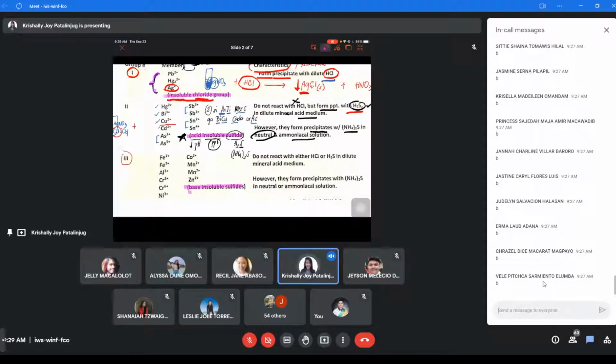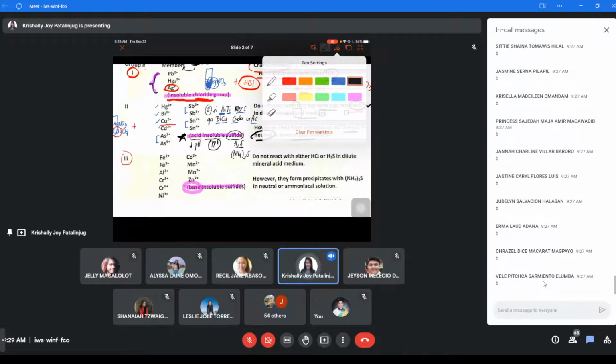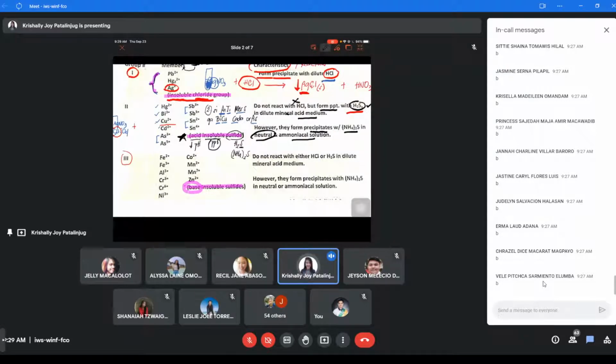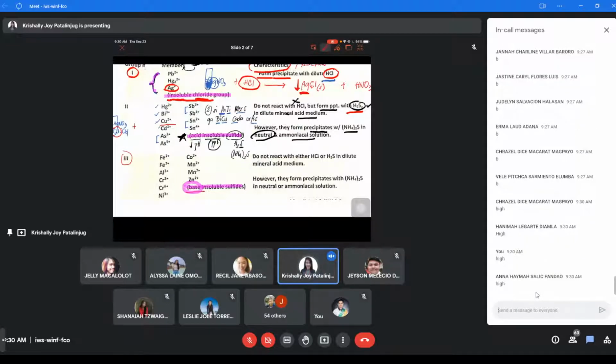In a basic environment. Earlier, group 2 was also sulfide but acidic. This time, group 3 precipitates in the presence of a sulfide in a basic environment. In a basic environment, is the pH high or low? Yes, it is high pH.